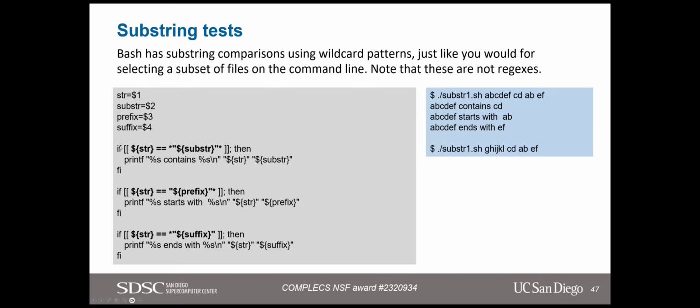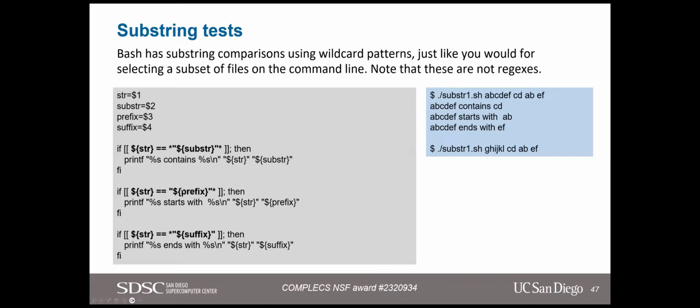In this example of the if statement, we are going to check if the string is equal to star, which is a wildcard, so globbing. So anything before and anything after the substring, then we're going to print that the string contains the substring.